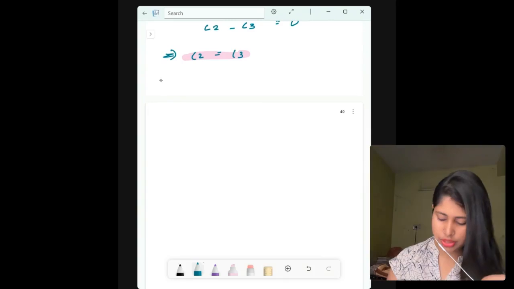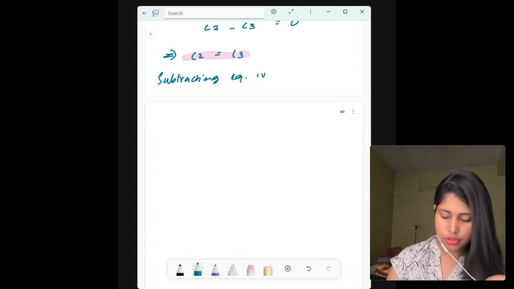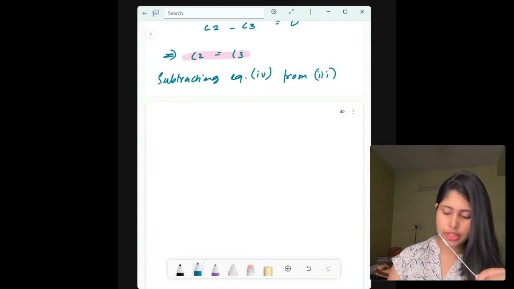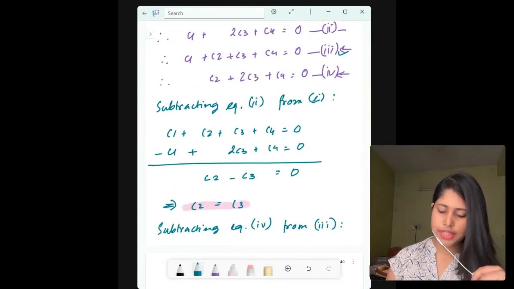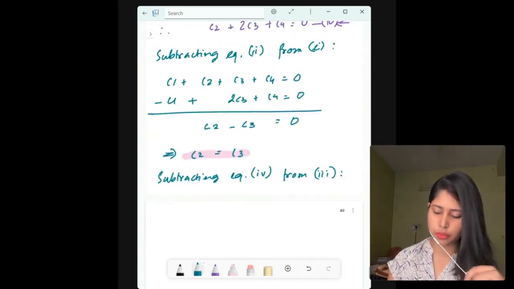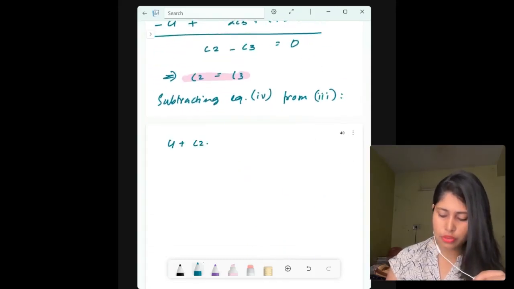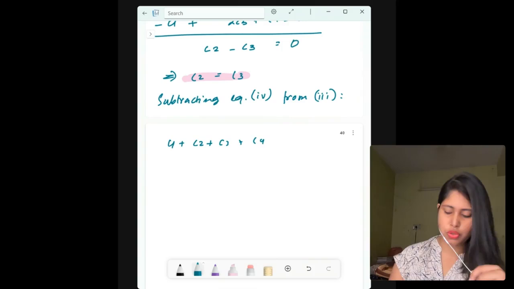Let us write first, subtracting equation 4 from equation 3. So what is equation number 4? C2 plus 2C3 plus C4. No, first from 3, so we need to first write the third equation. This is C1 plus C2 plus C3 plus C4 is equal to 0.